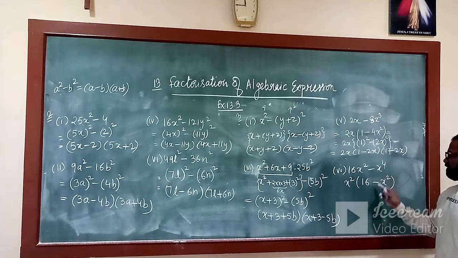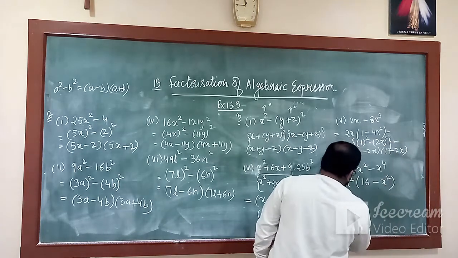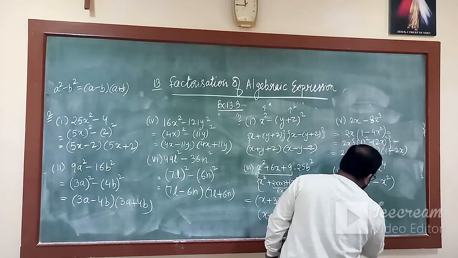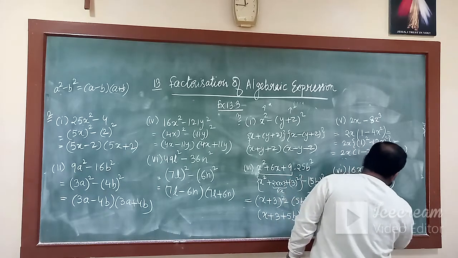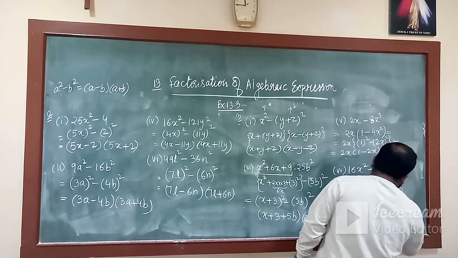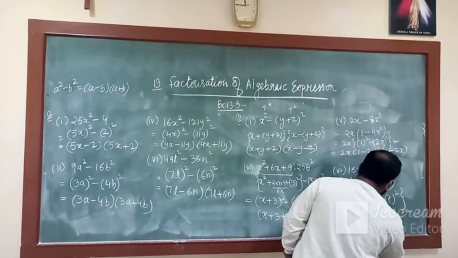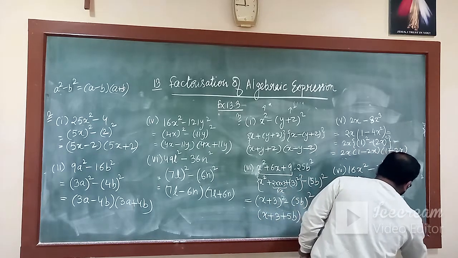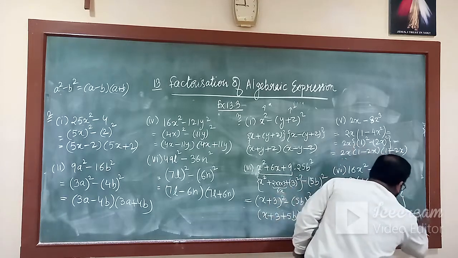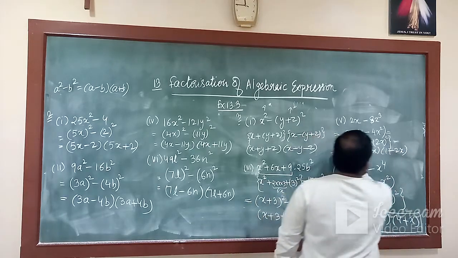If a positive sign was there, then it would not be factorizable. So what will be our next step? We have to write it like this: 4 square minus x square. That means x square into 4 minus x and 4 plus x. Now it is completely factorized.